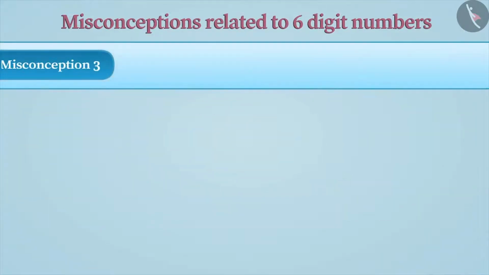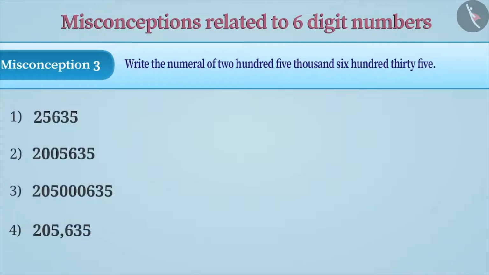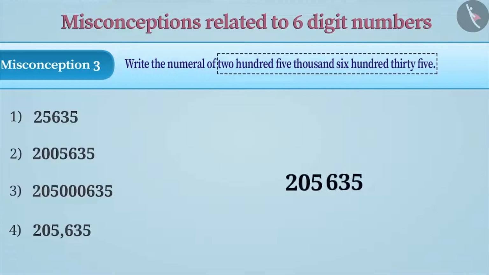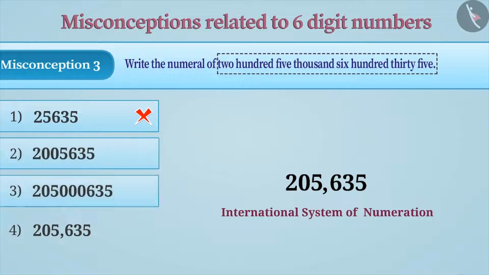Misconception 3. Write the numeric form of 205,635. At times, 0 is missed out while writing the number from the number name. Hence, option 1 is wrong. In the same manner, due to lack of understanding of the International System of Numeration, options 2 and 3 may be selected, which are also wrong answers.